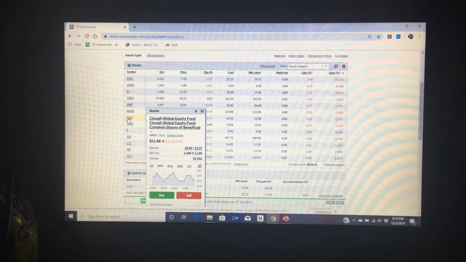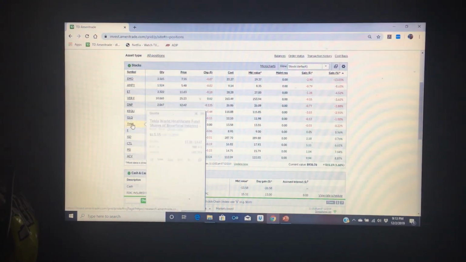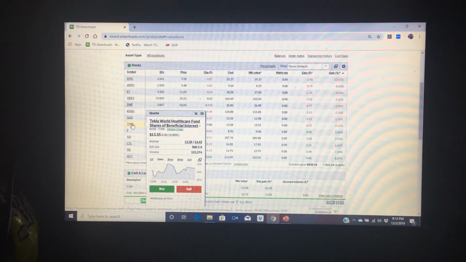They pay a monthly dividend. It's good to have a few ETFs mixed in your portfolio. THW, Tokyo World Healthcare Fund. As we have an aging group of people in the world, the baby boomers and whatnot, this healthcare fund looks like a good way. It's got a decent yield to it. It's going to be around for a while.